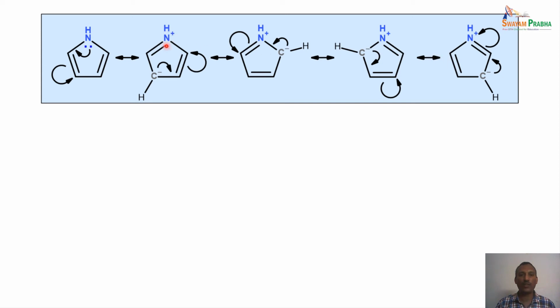In this resonance structure, the nitrogen has a positive charge, and the ring carbons have a negative charge. If you look here, 1, 2, 3 and 4, all 4 carbons of the ring can have a negative charge, and the nitrogen can have a positive charge. So these are all the various resonance structures of pyrrole.